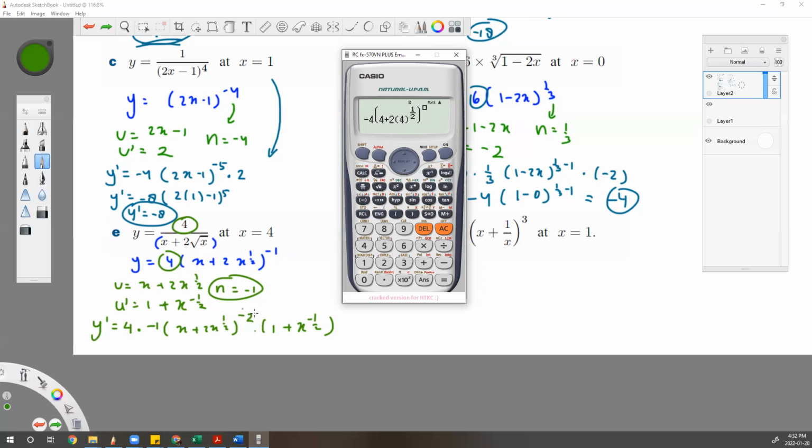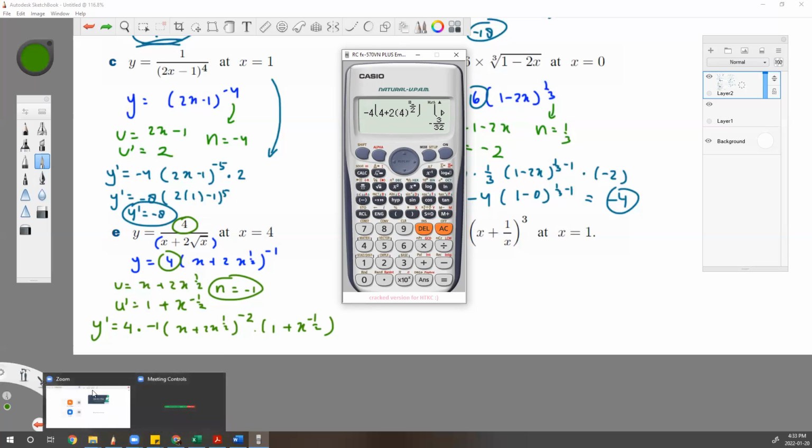Can you see my mouse circling the -2? Yes. Then go right, multiply by (1 plus 4 to the power -half). You have to be very careful about this. Done, -3/32.